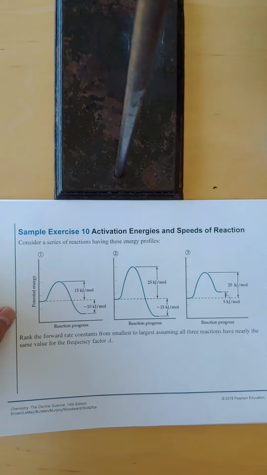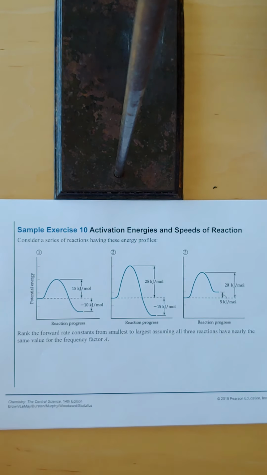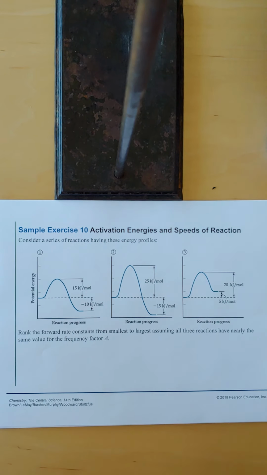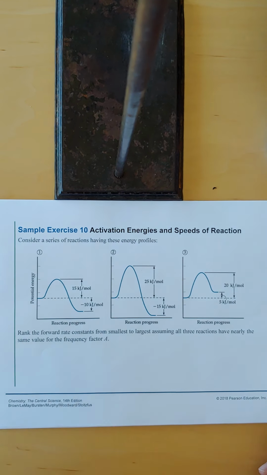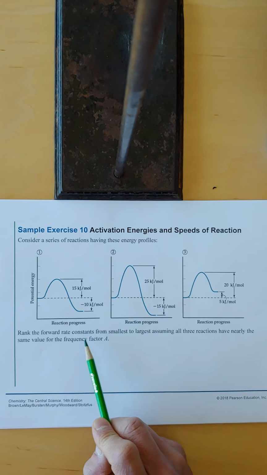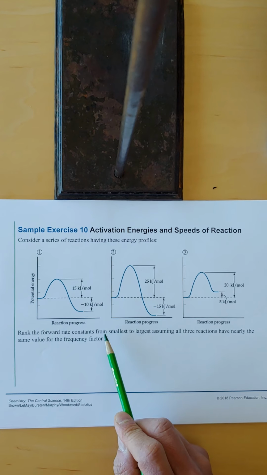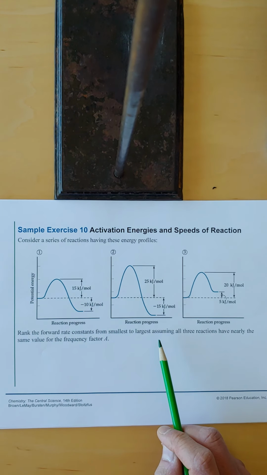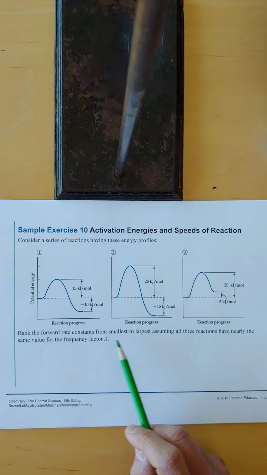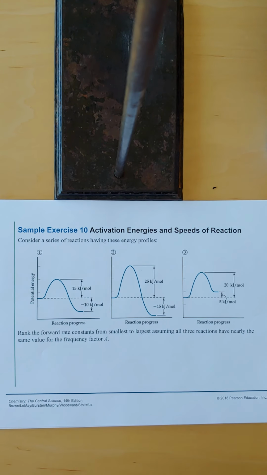Let's look at activation energies, so activation energies and speeds of reactions. I have a series of reactions, and we want to look at these three reactions and rank them by their forward rate constants. So what's the value of the rate constants moving forward, assuming all three reactions have nearly the same value of the frequency factor?